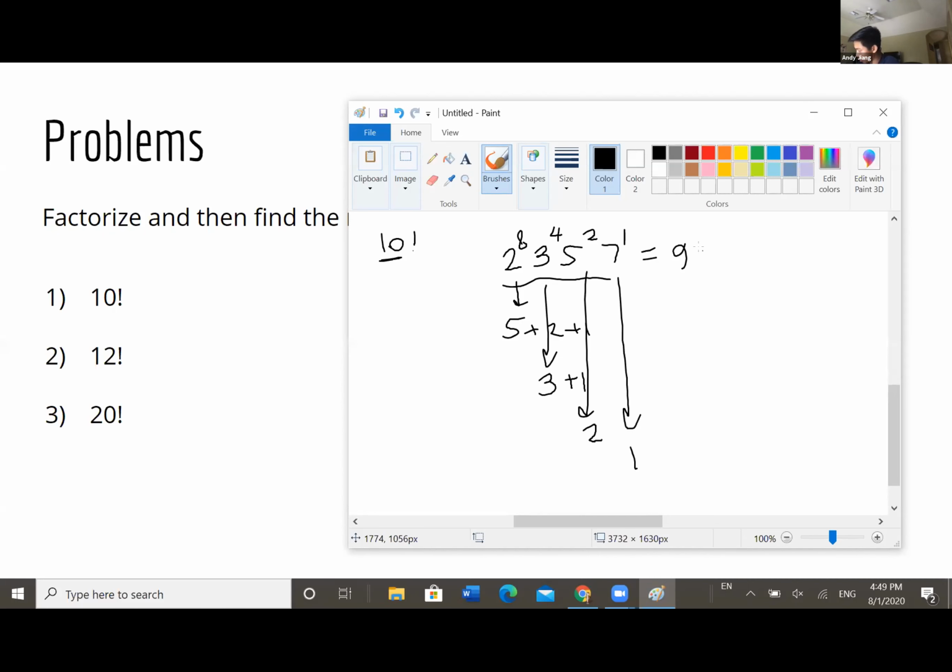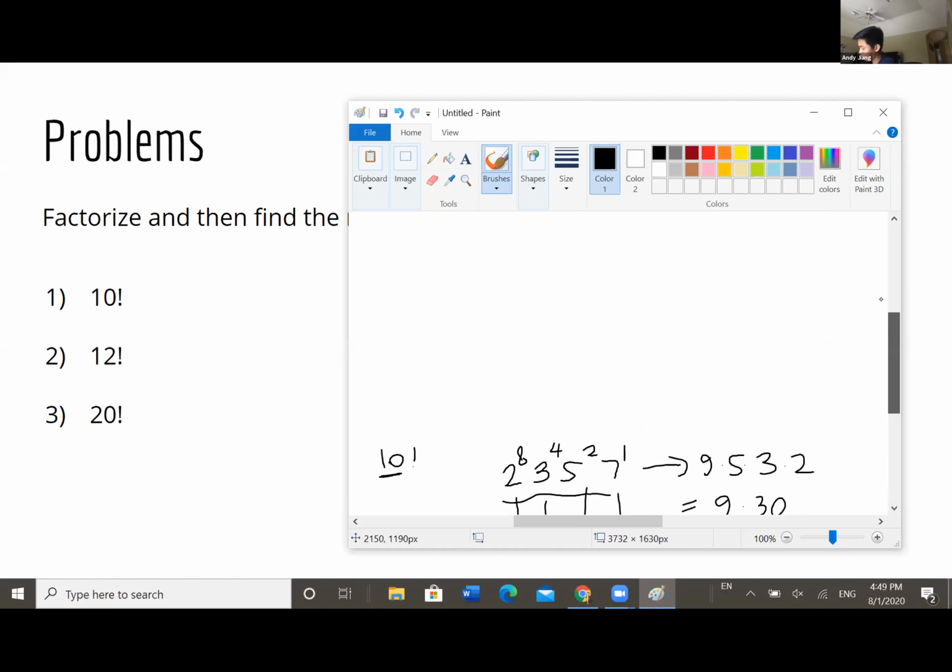So I get 9 times 5 times 3 times 2 factors, or 9 times 30, which is 270 factors. Okay, I saw a lot of people got this one.